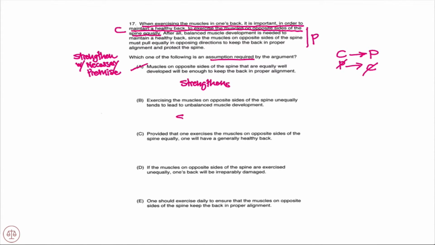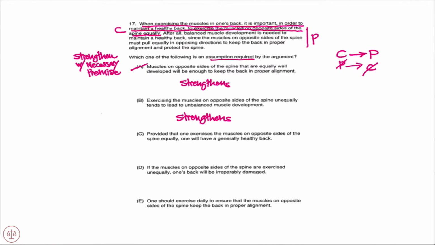So definitely strengthens. But is it necessary? And when we negate B, exercising the muscles on opposite sides of the spine unequally does not tend to lead to unbalanced muscle development. And what does that do to the argument?